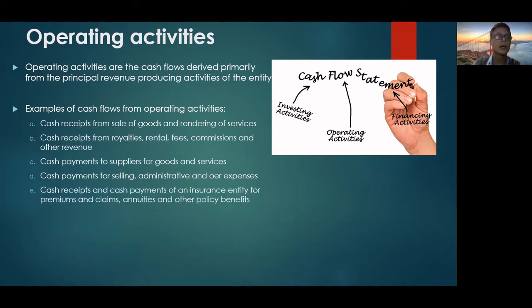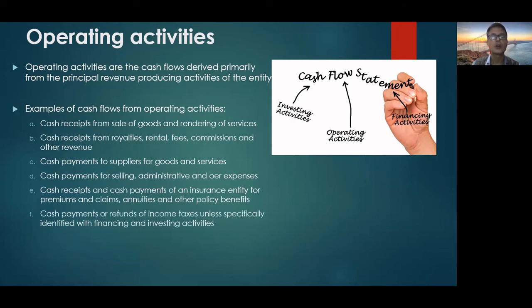And other expenses. Cash receipts and payments of an insurance entity for premiums and claims, annuities, and other benefits. And then next is cash payments or refunds of income taxes, unless specifically identified with financing and investing activities.